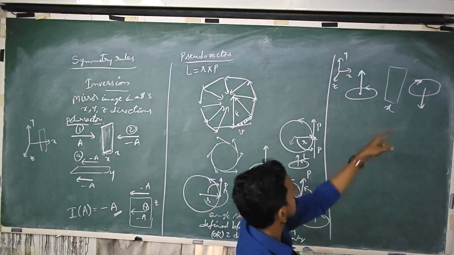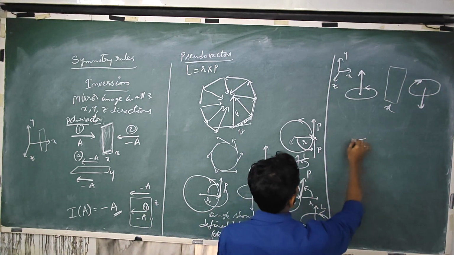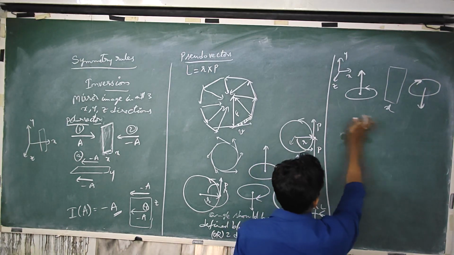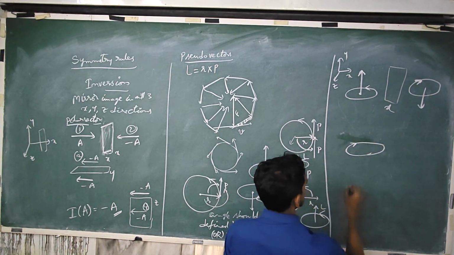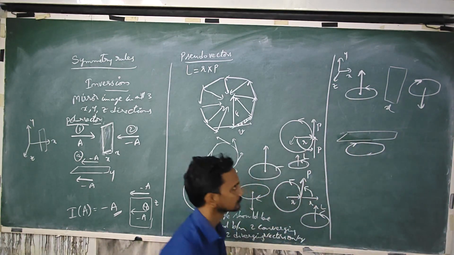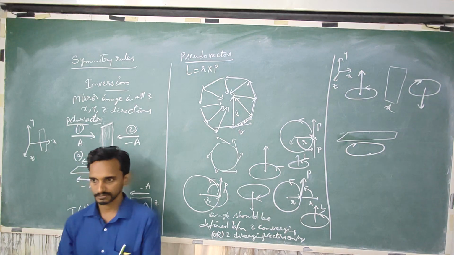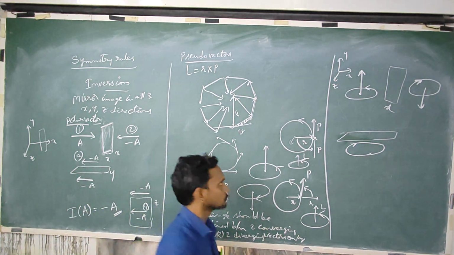Okay, so this is the vector. Now I am taking the y mirror. Which way will it rotate?